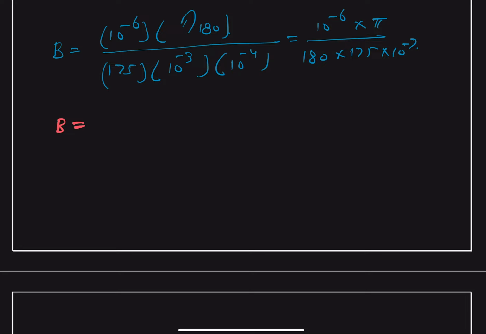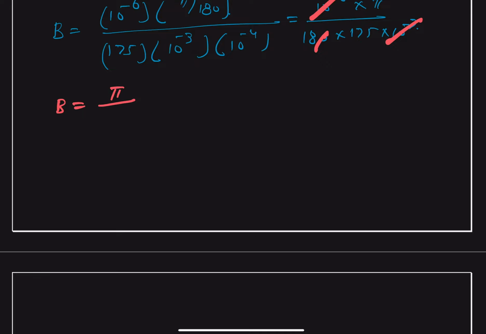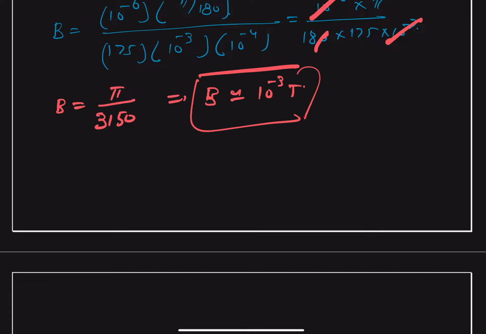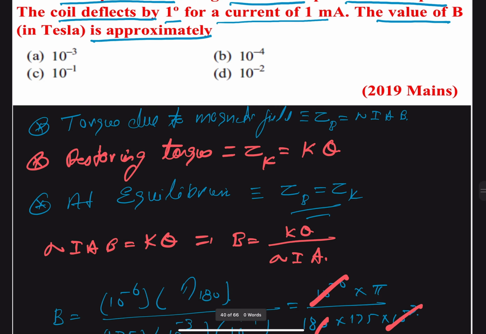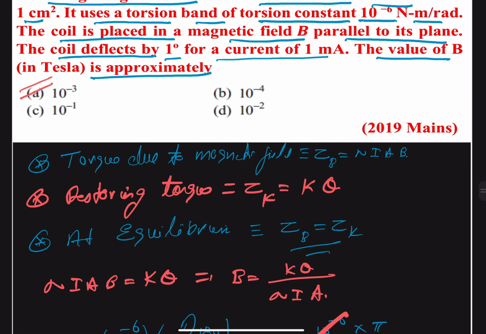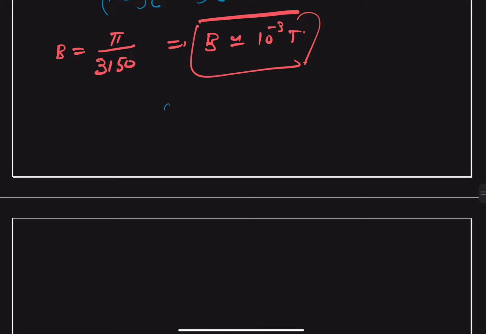This comes as 0 and this goes away. So we come to pi upon 3150. So this gives us magnetic field approximately equal to 10⁻³ Tesla. So option number A is the correct one. Option A is correct.